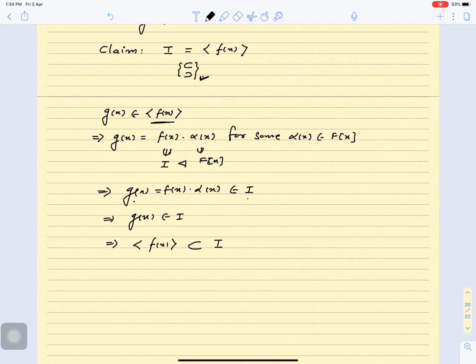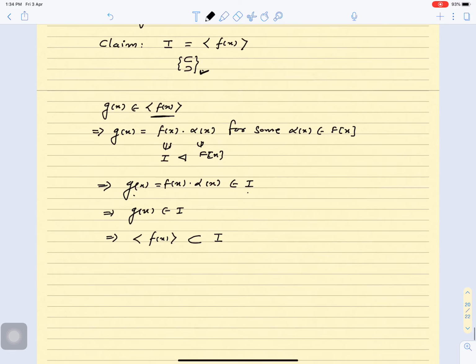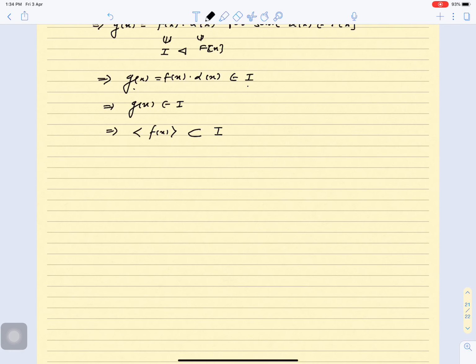Now for the reverse part, let g(x) belong to I, and f(x) is a non-zero polynomial.